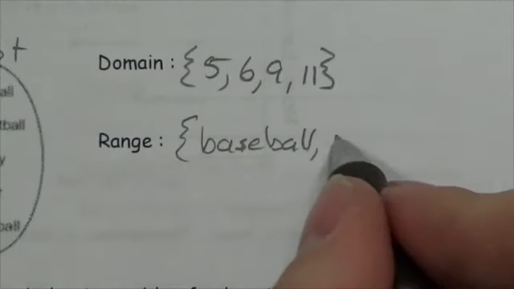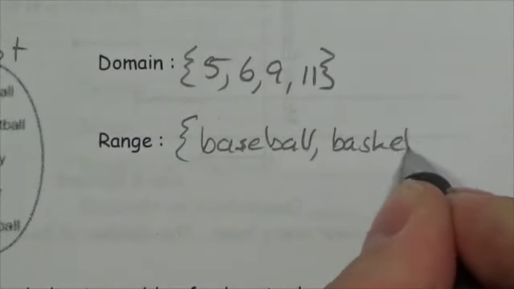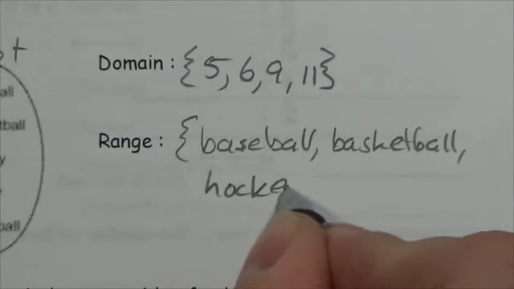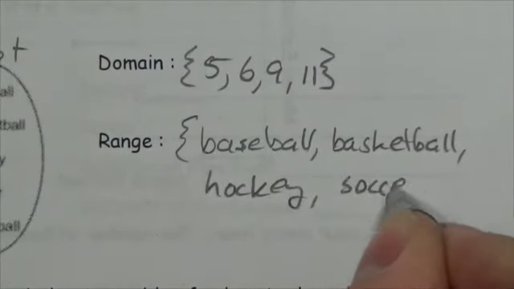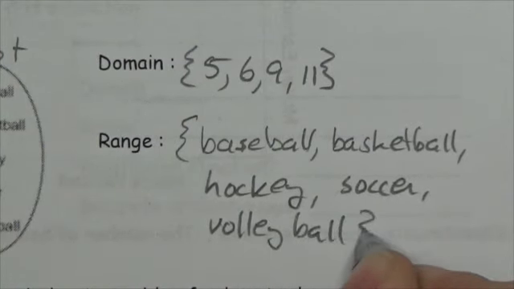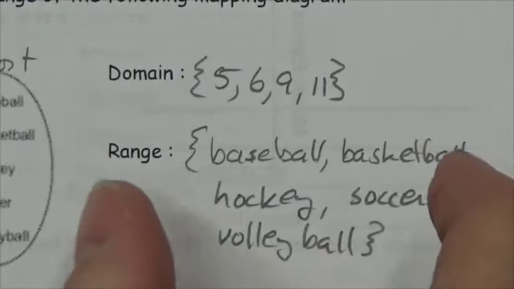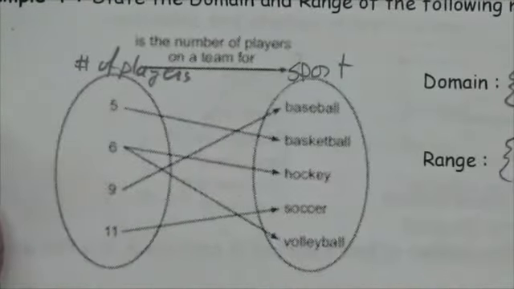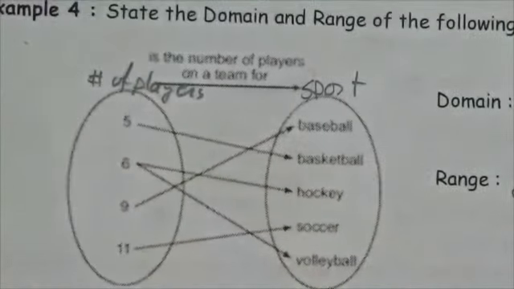Yeah, here we go. I'm running off the screen here. Basketball, hockey, soccer, and volleyball. Okay, so there we go. That is the specific set of values that our relation points to.